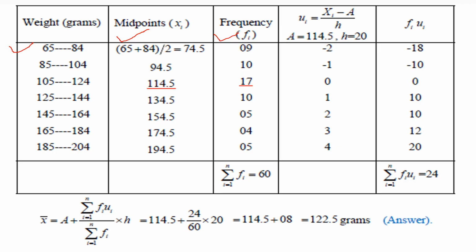So this is the new column I formed, ui. Now we multiply fi into ui. Then we take the sum of this, and the formula becomes this. One more thing, h gets added, meaning the division is 20. So the mean is A plus summation fi ui divided by summation fi, into h. On solving this, we get 122.5, the same thing in all.